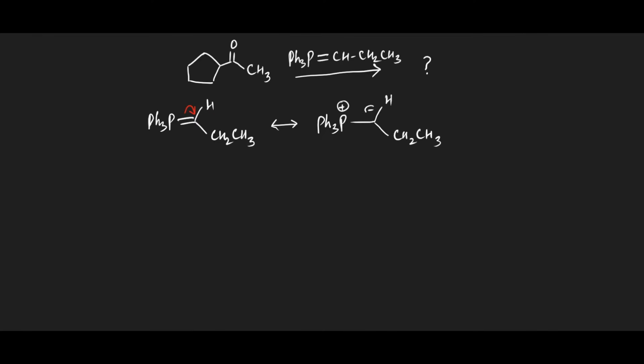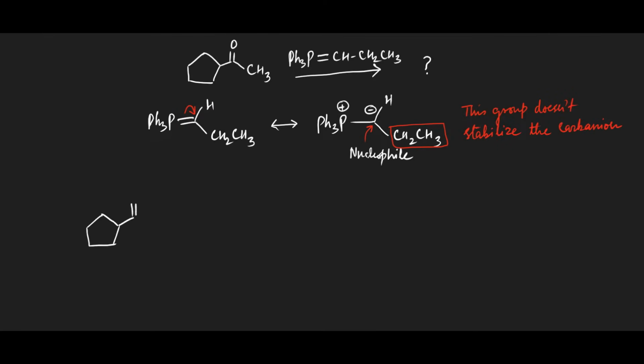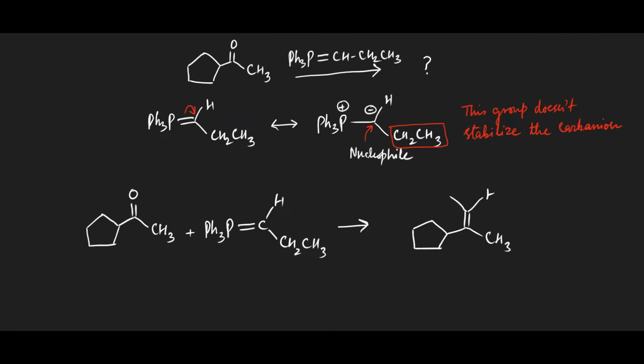This shows the negatively charged carbanion nucleophilic center, which is directly linked with an ethyl group. This group doesn't stabilize the Wittig reagent. Since the Wittig reagent is not stabilized, as per the rule already discussed, Z-alkene is formed as the major product, along with the triphenylphosphine oxide side product.